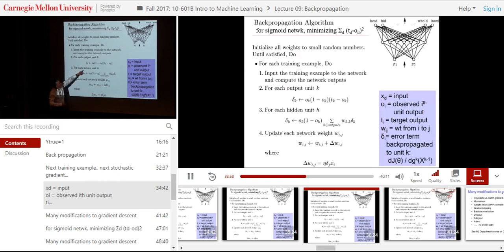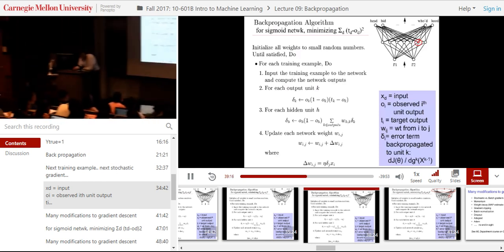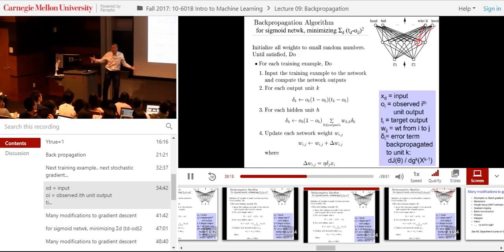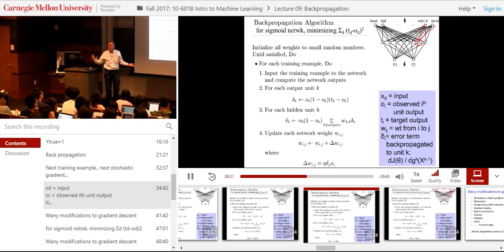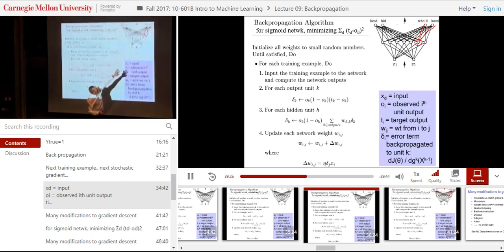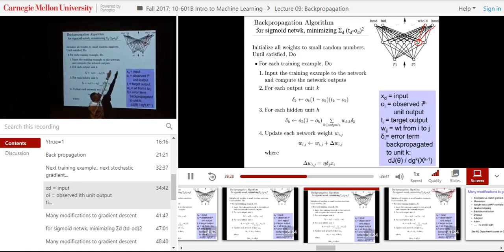And then for each hidden unit, so we do this for each output unit, for each hidden unit, we do this. And now you can see something we didn't see before, because in our other example, we never really had the case where a hidden unit feeds two different outputs, because we only had one output in our previous example. And so here what we're trying to minimize is the sum over all of our training examples of the sum over each of the outputs of the network of the squared error.